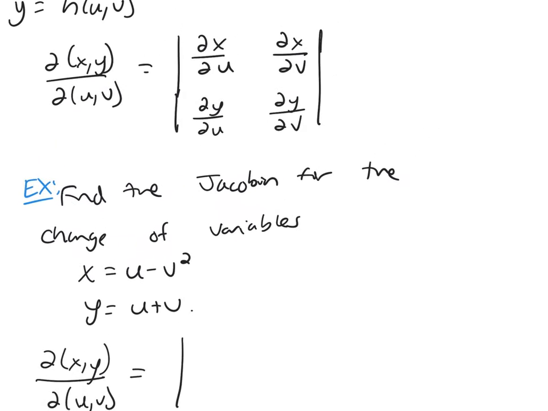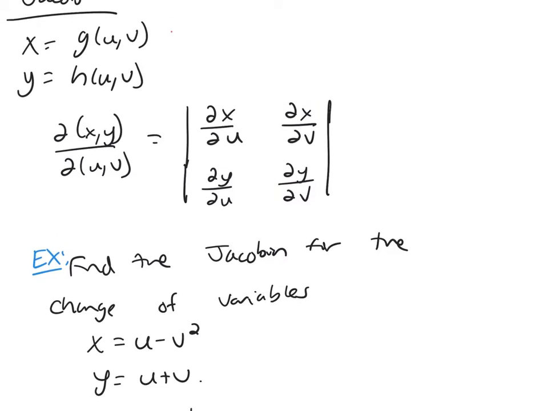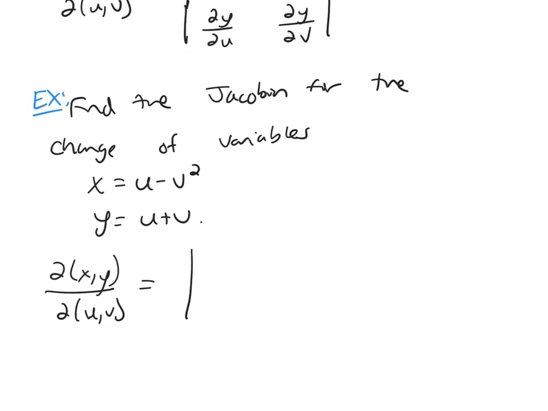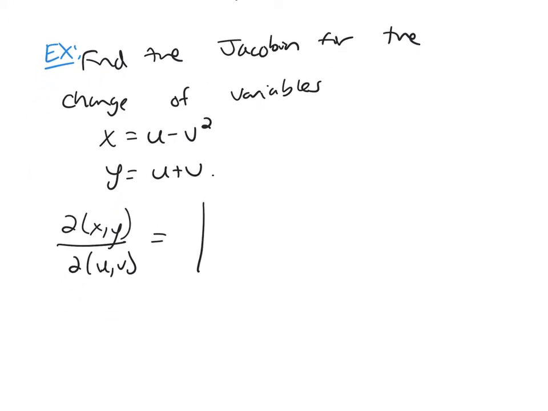Let's look first. We need to find the partial of x with respect to u and the partial of x with respect to v. So with respect to u, the derivative would be 1. The partial derivative with respect to v would be negative 2v. If you look at your equation for y now, the derivative with respect to u is 1.